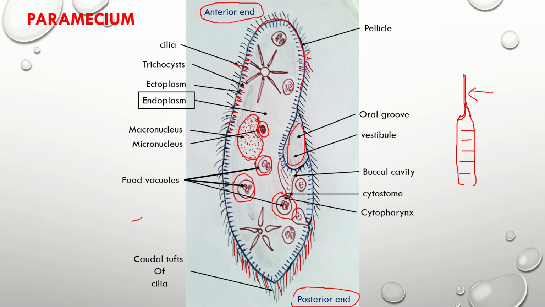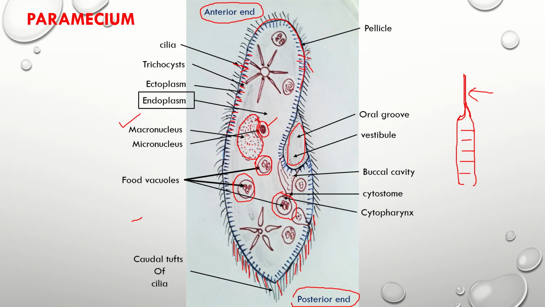It is a spherical structure with a diploid number of chromosomes, and the micronucleus controls the reproductive activity of the organism. The macronucleus takes part in the metabolic activity of the cell. Day-to-day metabolic activities are controlled with the help of the macronucleus, and the micronucleus takes part in reproductive activity.